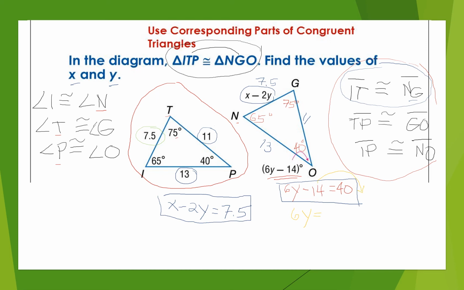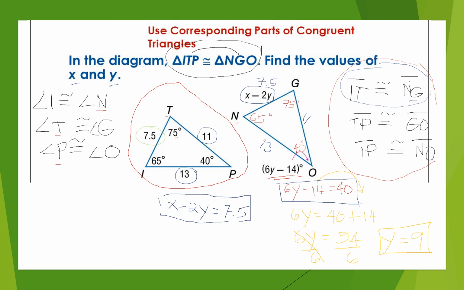Or just add 14 on both sides. So, that will be 40 plus 14. Okay, because from negative, it will turn into positive. So, therefore, 6y is equals to 54. So, dividing both sides by 6, therefore, ang value ng y natin is equivalent to 9.